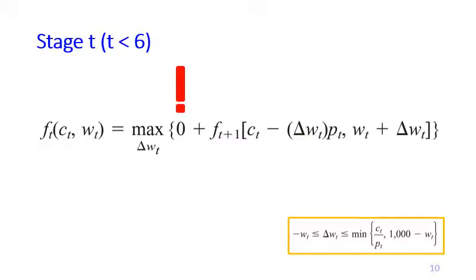Now for the stage T before 6, this is the recursion. So notice here I have a 0 here and then I have an exclamation mark, because at the stage T before the stage 6, we just say that this is the cash that we have at the beginning of the month, and then this is the cash that we have at the beginning of month T plus 1.